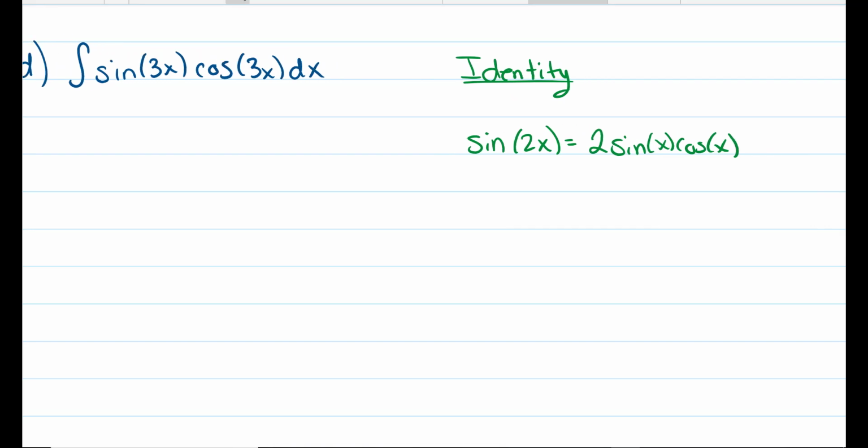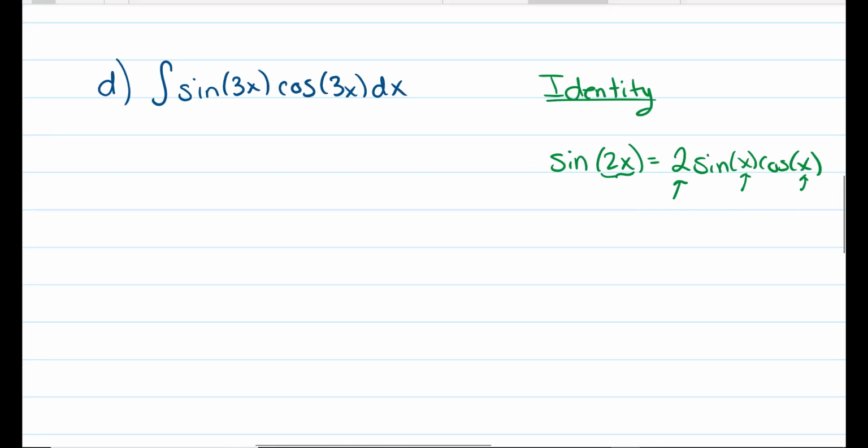So all I need to do is make sure that that's the same as that, and I can rewrite it as 2 times the angle with only sine. I also need to make sure that I have a 2 out in the front. Well, I don't have that yet, but that's alright, I can make it. So my goal is to have a 2 right here.